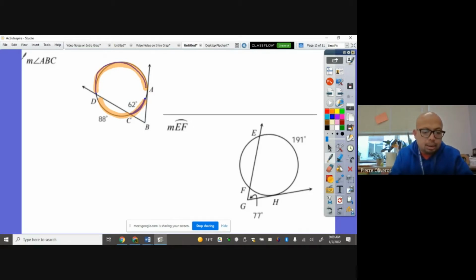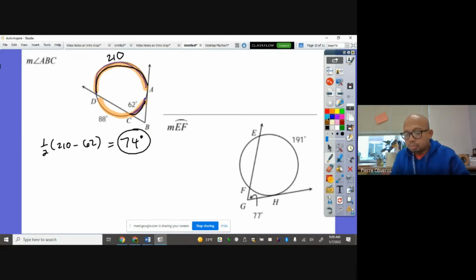So 360 minus 88 minus 62, that will be 210. Now I can find the angle ABC because I have the larger arc and the smaller intercepted arc. So half of 210 minus 62, which is 210 minus 62 divided by 2, is 74 degrees.